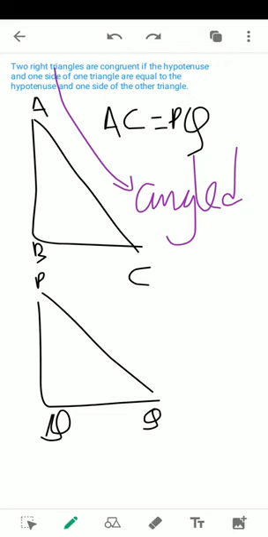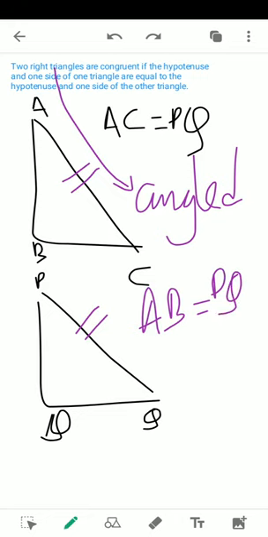You are very much familiar with the concept of hypotenuse since we have already finished the chapter on trigonometry. This AC should be equal to PR, and any of the two corresponding sides, right? So either AB equals PQ, or BC equals QR.